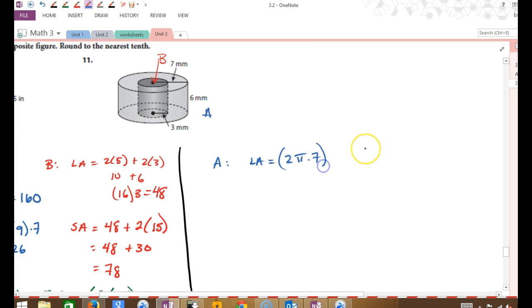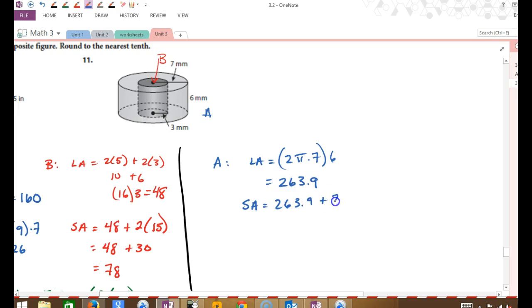Okay, and we're going to multiply that by the height, which is 6. So give me a decimal on this one. That one I'm not doing in the head. 263.9.